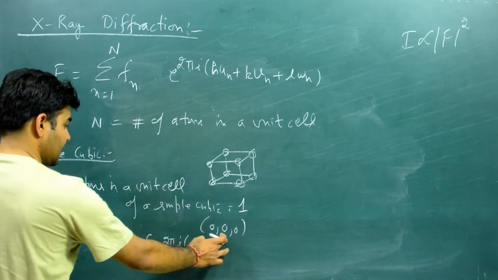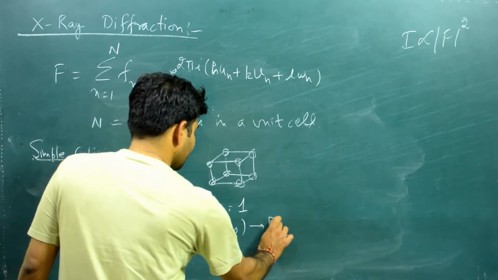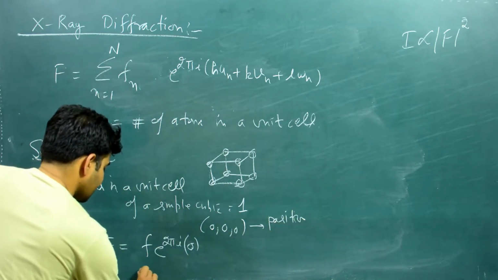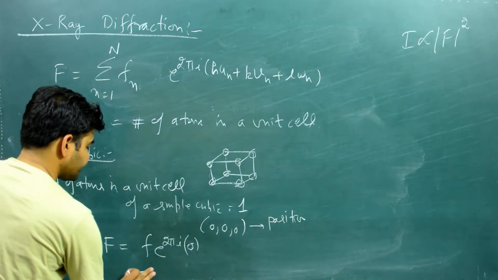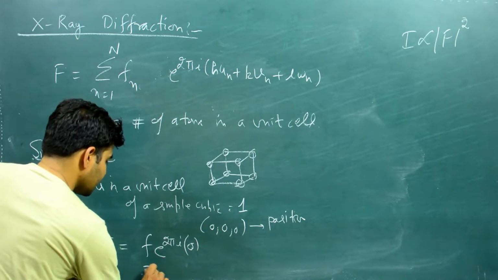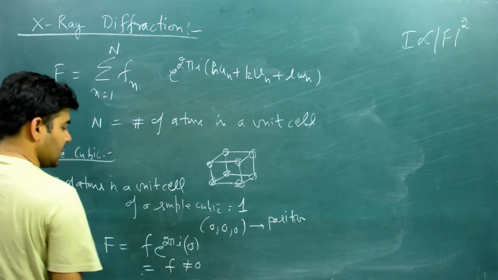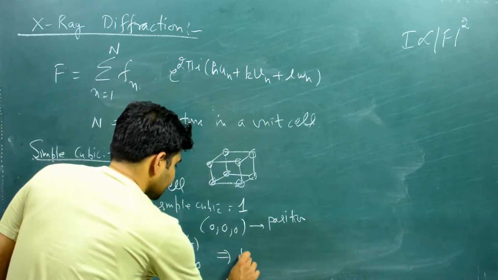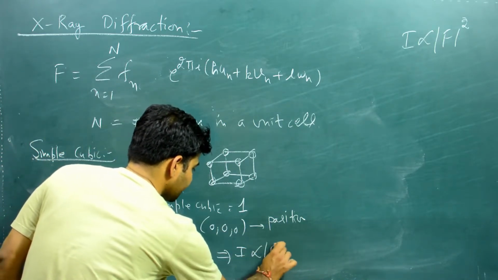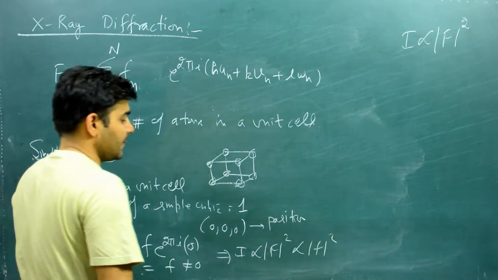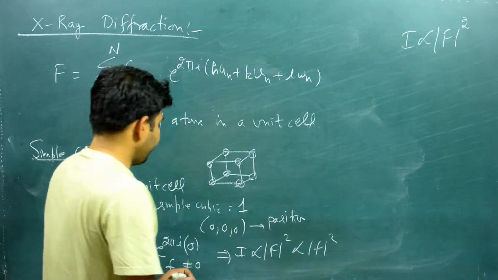So F comes out to be f, that is non-zero. So intensity, which is proportional to |F|^2, is non-zero. So it means what?